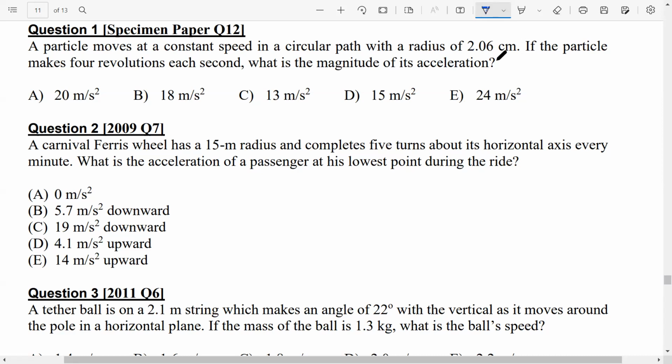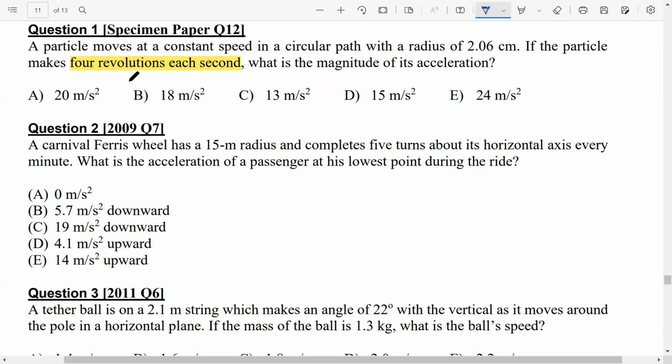The first thing you will probably see is, what is 4 revolutions per second? You can see it as frequency. You can also use it to calculate the angular velocity. There are a few ways to do it.